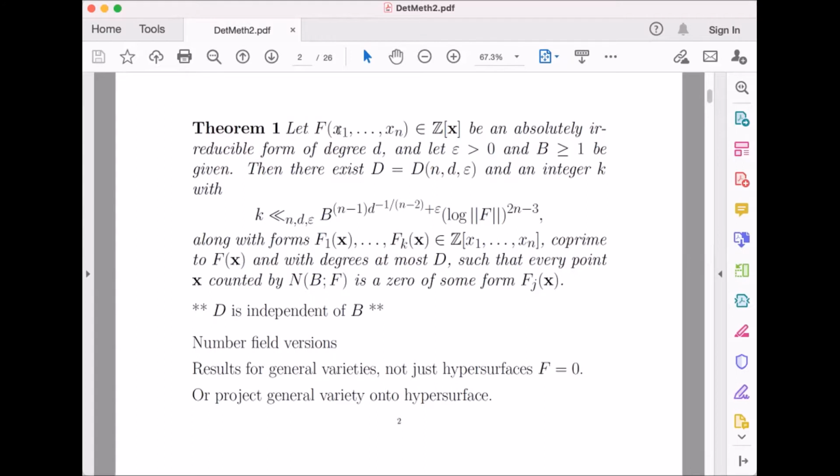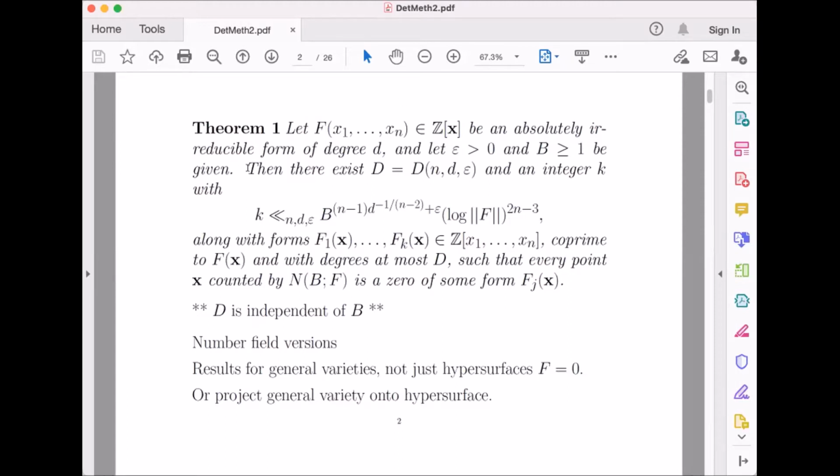So we're going to have an absolutely irreducible form f with integer coefficients. It's going to have degree d. And we're going to give ourselves a small positive epsilon. And B, as before, is the parameter that measures the size of the box where we're counting solutions.